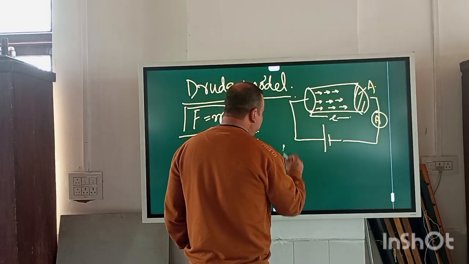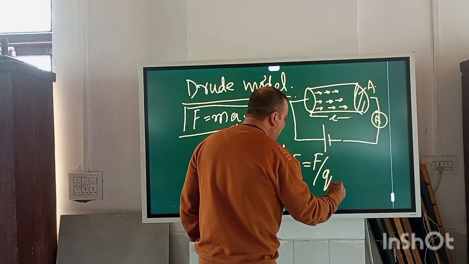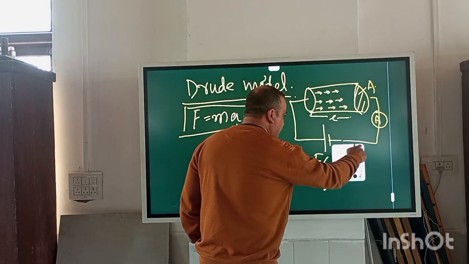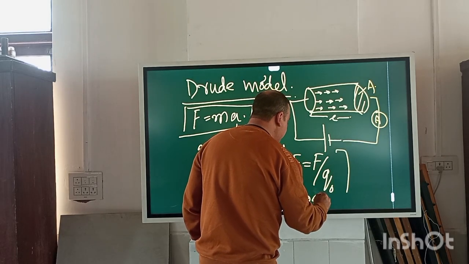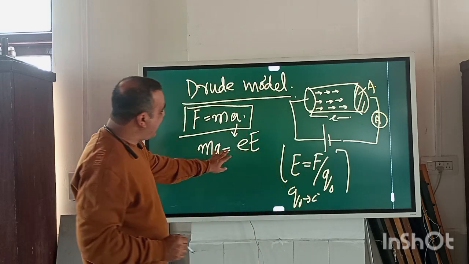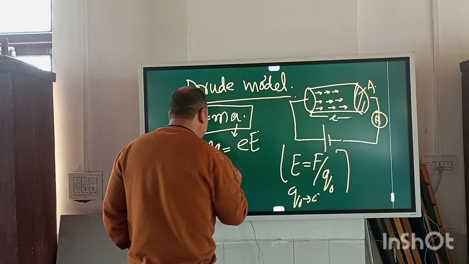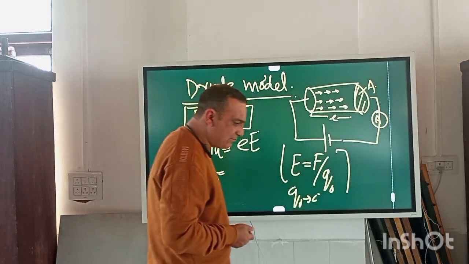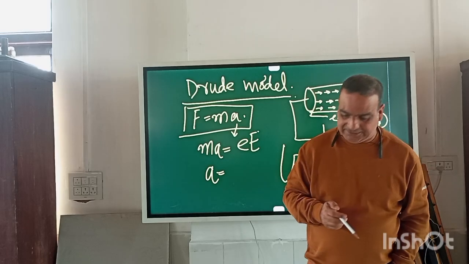Because when we define electric field, it is the force experienced per unit charge, q naught, where this q naught tends to 0. So this ma is equal to eE, and a is the acceleration, and we know that acceleration can be defined as the time derivative of the velocity.